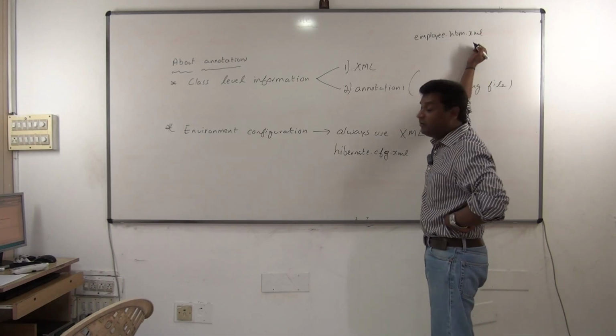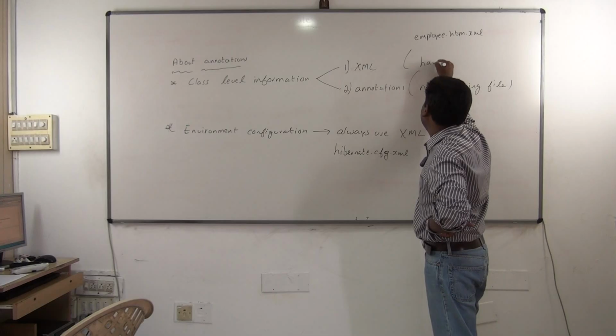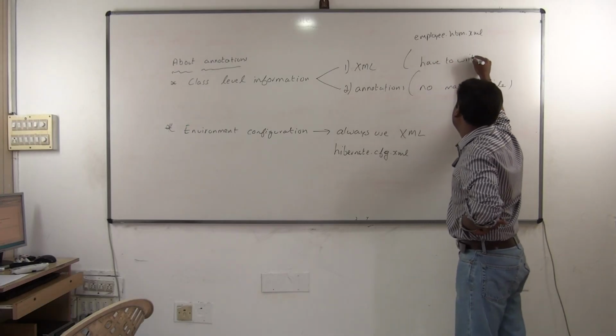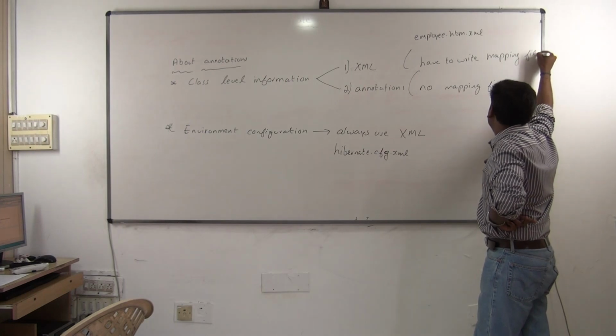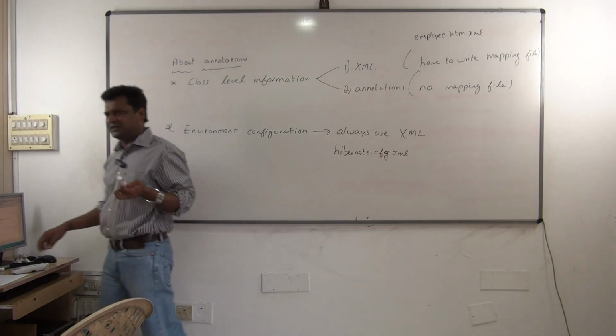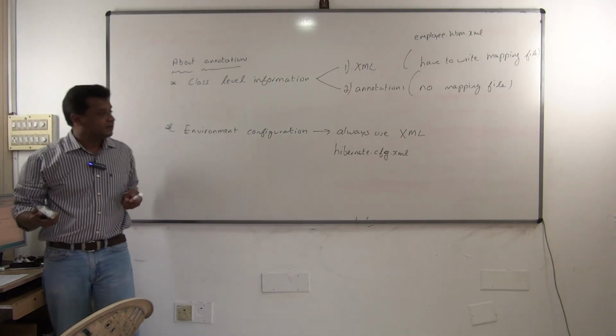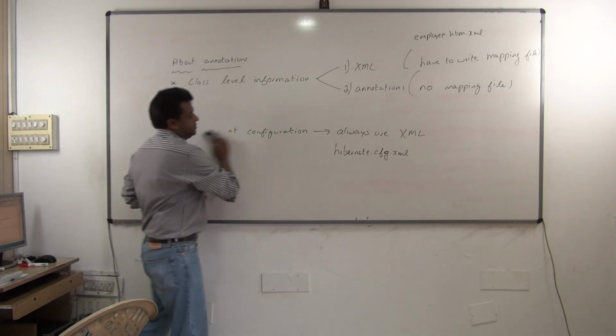This is a mapping file. You will not have it if you use annotations. But if you use XML, you will have to write a mapping file. Clear? So if you understand this much about annotations, that is more than sufficient.